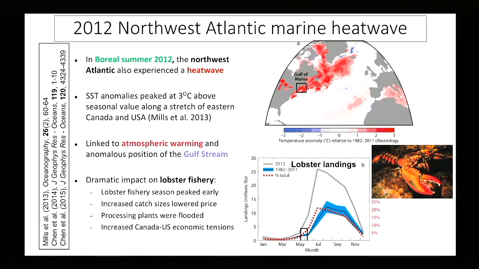And it had an effect on the lobster fishery, where the lobster catch, due to the way that they recruit, went up quite markedly, as you can see in 2012 compared to, let's say, climatology. You would think that would be a great thing, but in fact it had a really negative impact because the market just got flooded with lobster, and so the stock price went down dramatically, and it had a negative impact on that industry.